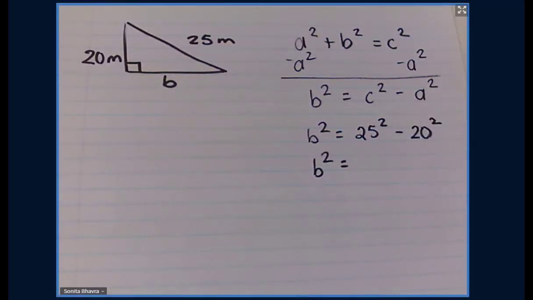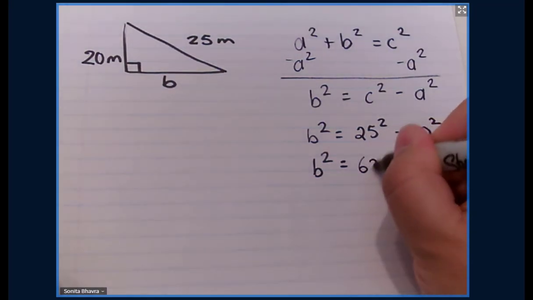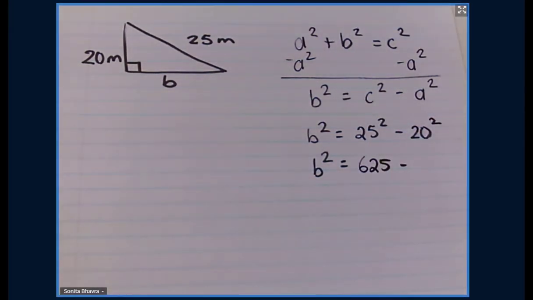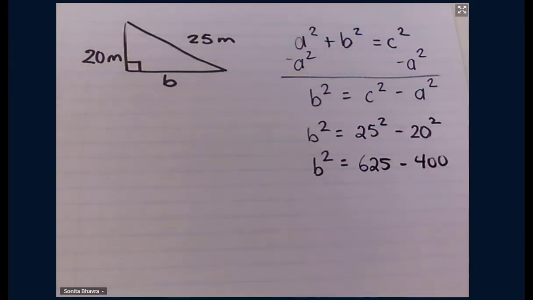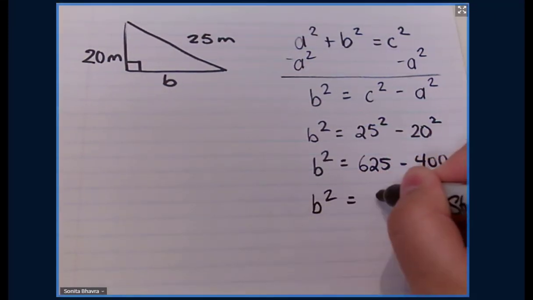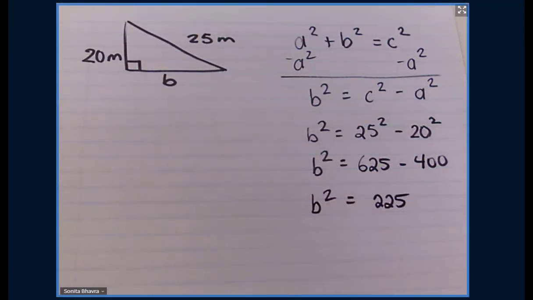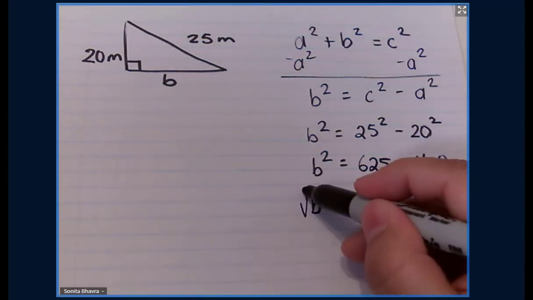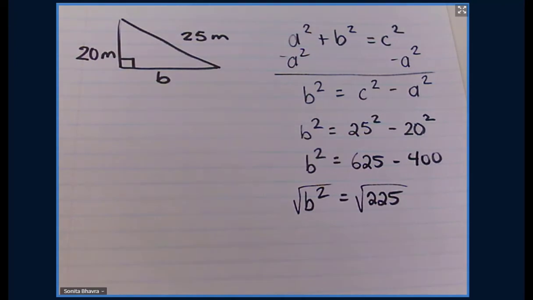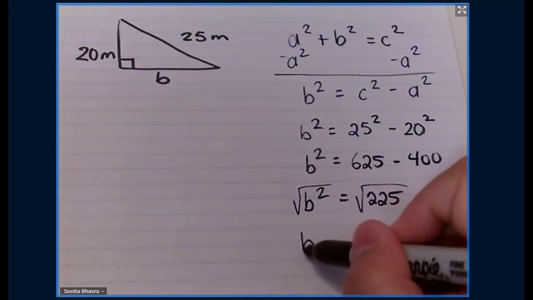25 squared is 625. 20 squared is 400. So we are left with b squared is equal to 225. After that, we're going to take the square root so that we get the actual side of b.